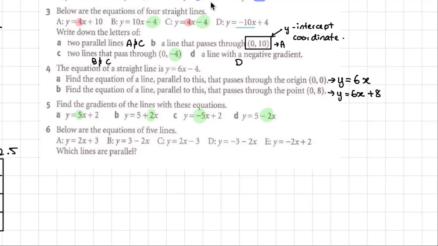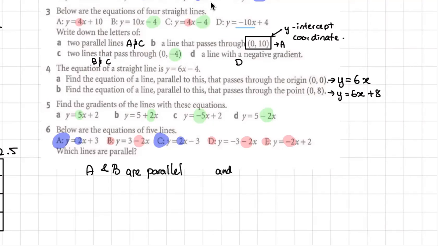And then number 6, below are the equations of 5 lines. Which ones are parallel? So 2, 2. These 2 are parallel for sure. Any more 2? No. And then find the other ones, -2, -2, -2. So these 3 are parallel. A and B are parallel.